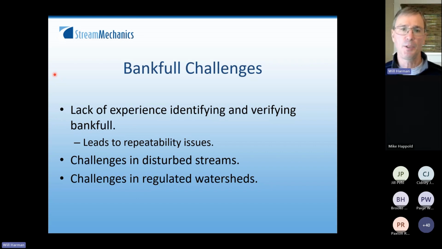We get a lot of people from the wetland assessment and restoration field who move over and kind of immediately want to do the SQT. We also see a lot of just people right out of school being given the responsibility of doing the SQT. So they may have a degree in environmental science or biology, and suddenly they're sent out here to do this work, and that is leading to some repeatability issues.